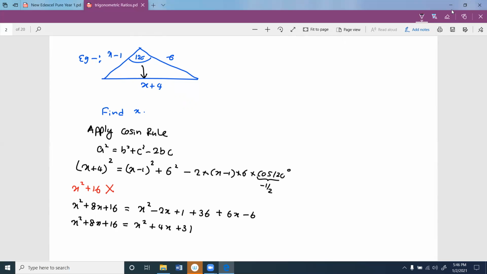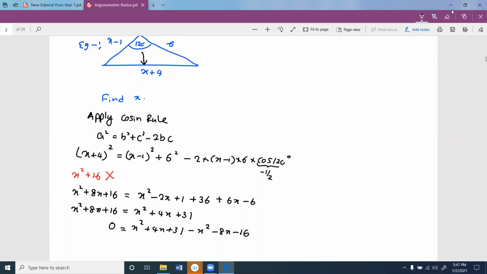They take all the terms to one side today. So you can just write x squared plus 4x plus 31, I just brought all the terms to one side, minus x squared minus 8x minus 16. So if you simplify this, you realize that this x squared and minus x squared get cancelled into each other. Yes, so these two terms get cancelled over here and here. Hope you can understand.